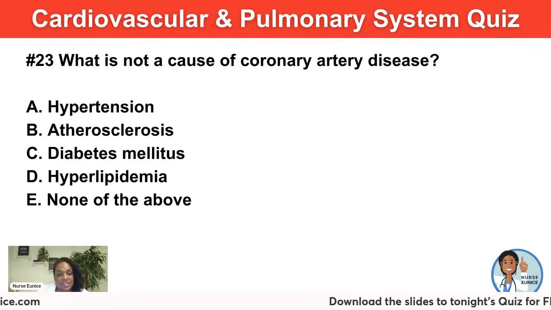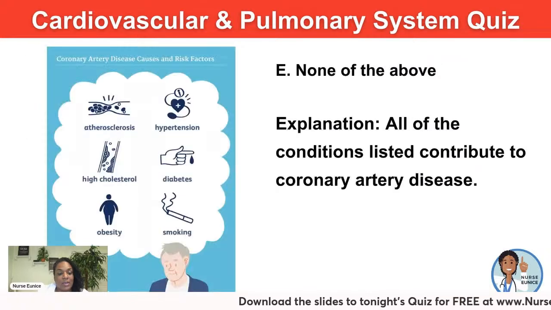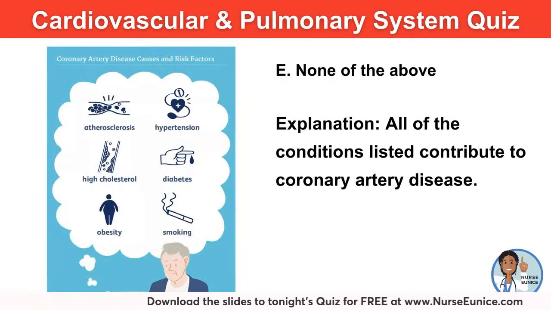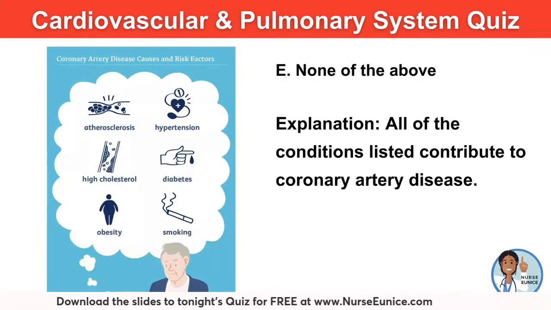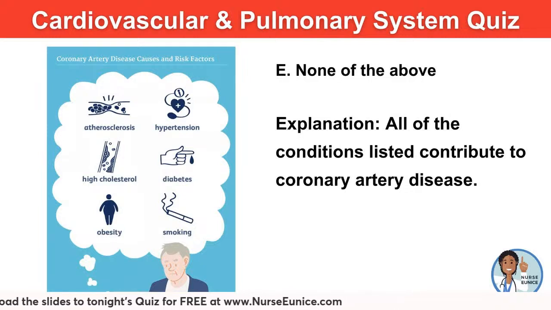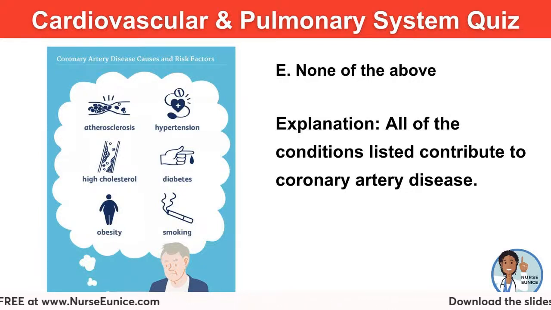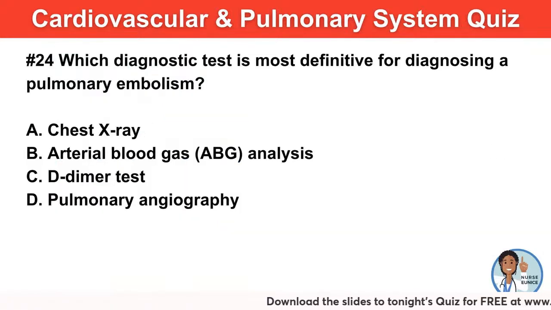So all of these can cause coronary artery disease. And here's an image to remind you, we have atherosclerosis, hypertension, high cholesterol, diabetes, obesity, and smoking. Those are some of the risk factors that can lead to heart disease. I see you, Wesley Sniper.